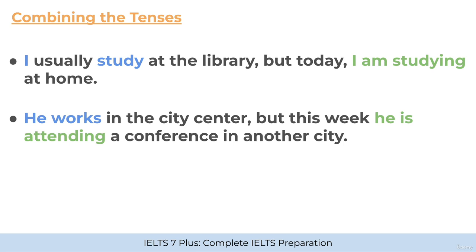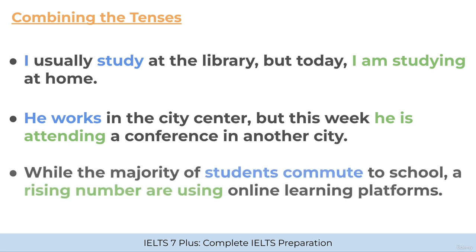So the first part of these sentences is something that you usually do, a sort of habit. And then the second one is perhaps something, however, that you're doing right now that's maybe a bit different from the usual routine. While the majority of students commute to school, a rising number are using online learning platforms.